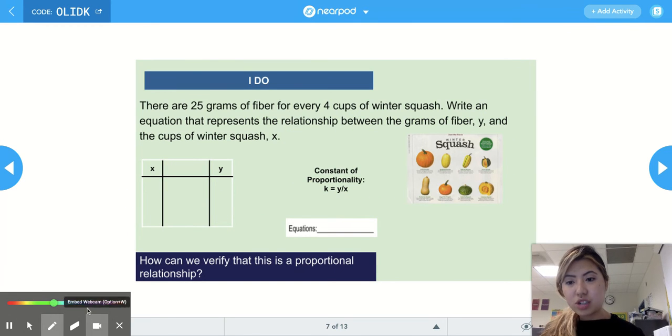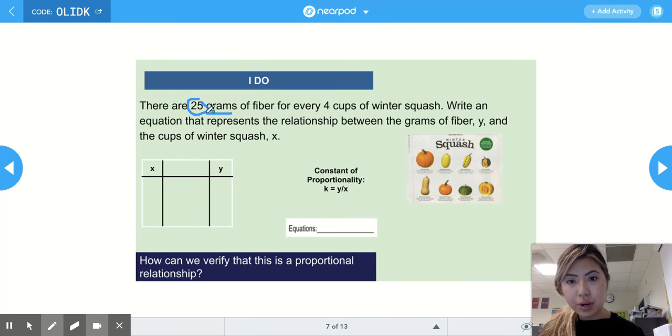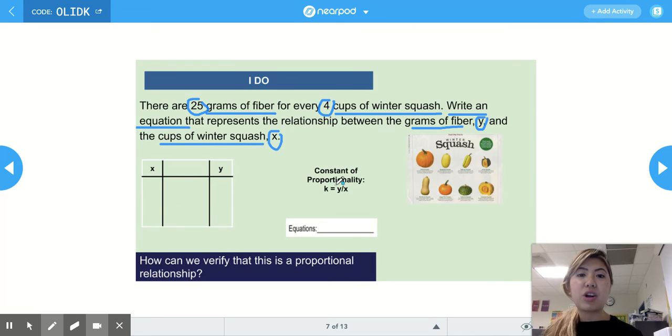Our next IJU problem reads, there are 25 grams of fiber for every 4 cups of winter squash. We have to write an equation that represents the relationship between the grams of fiber, y, and the cups of winter squash, x. So again, we're going to start off by finding our constant of proportionality. So the equation is k is equal to y over x.